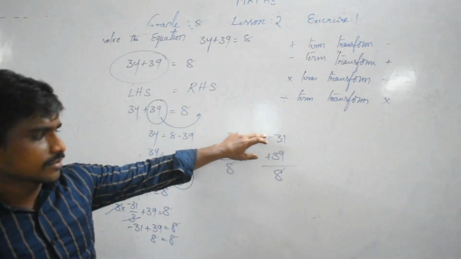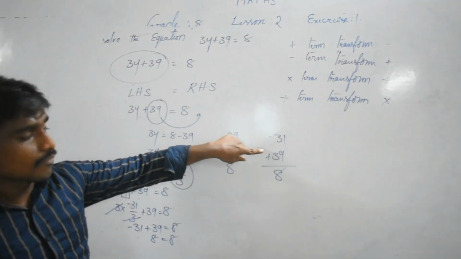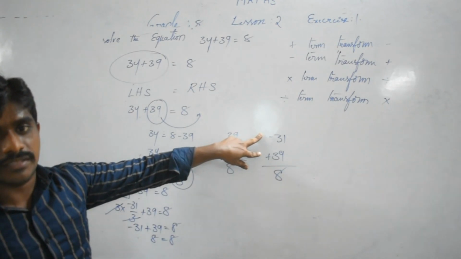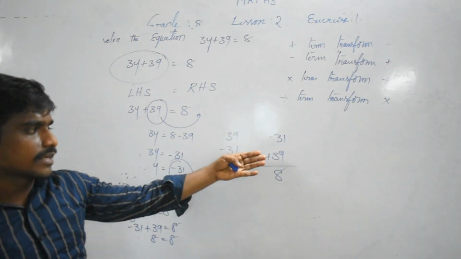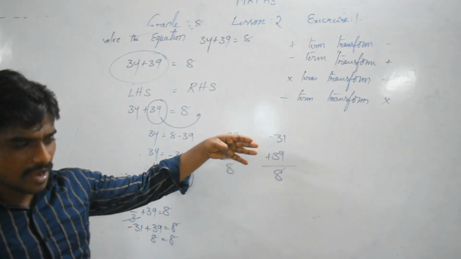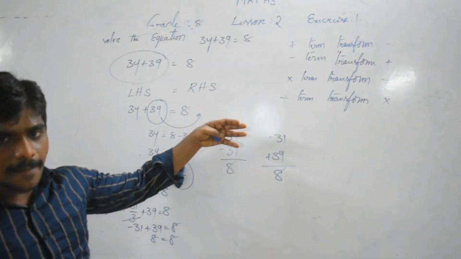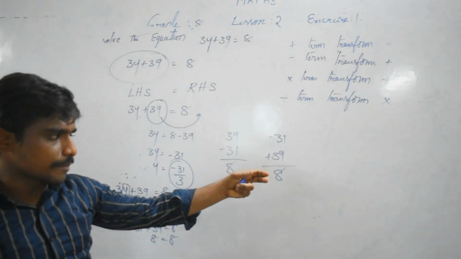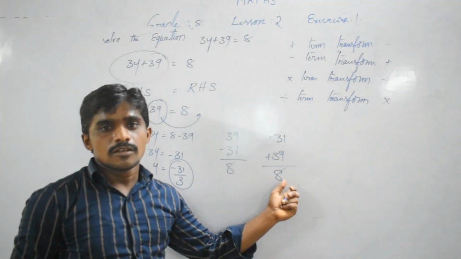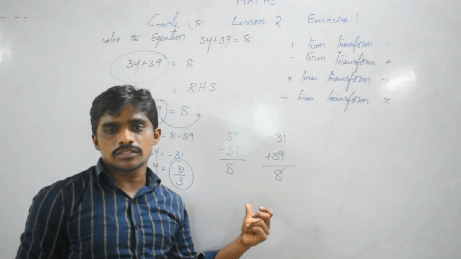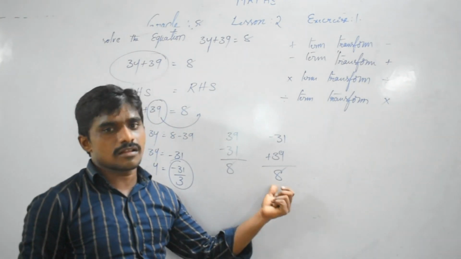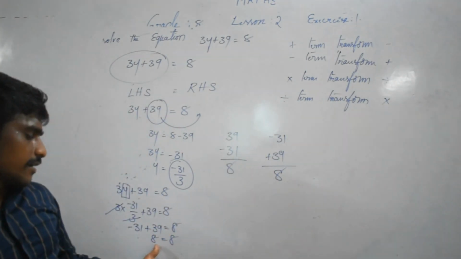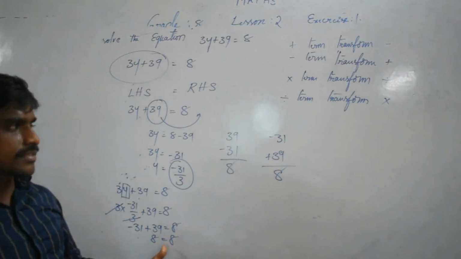Here one positive and one negative number are given. Those numbers are subtracted. So always subtract the small number from the large number, and we get the difference. Which side has the large number? The answer also has the same sign as that side. So here the RHS and LHS are equal.